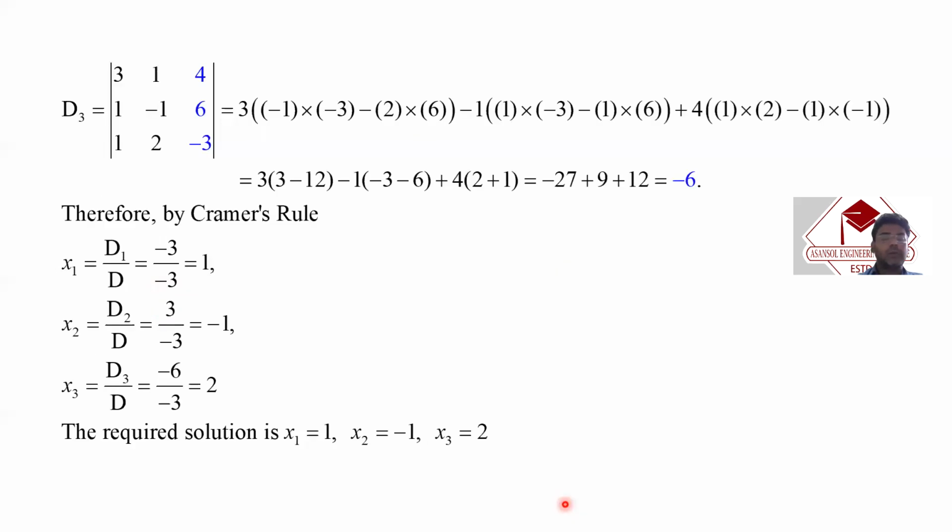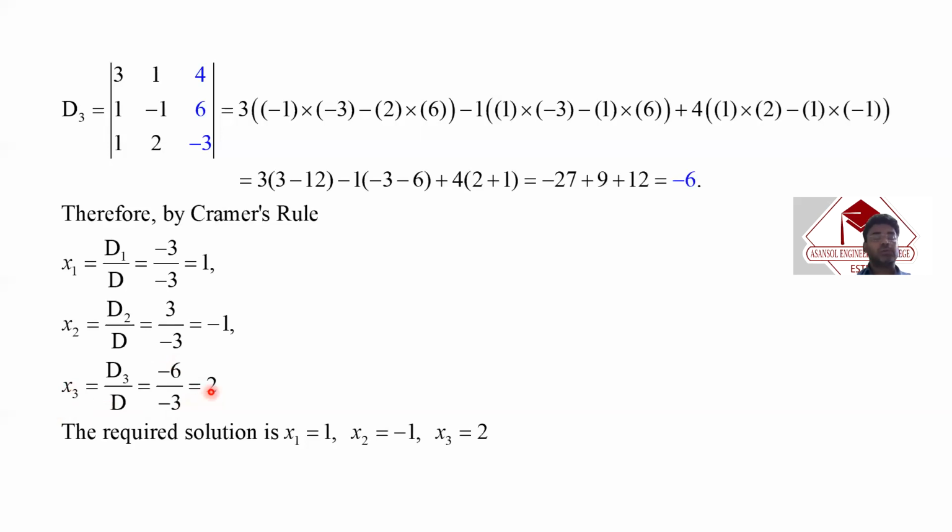Okay, so D is equal to minus 3. Substitute here, that is minus 1. And what is x3? x3 is equal to D3 by D, D3 is equal to minus 6 from here, and D is equal to minus 3. Already you know that. After simplification you have 2. So x3 is equal to 2.